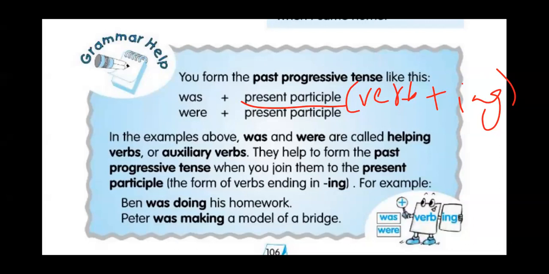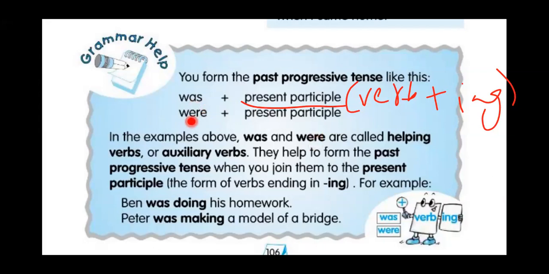When we are talking about progressive tense, we add ing to the verb. For was we also use ing, and for were also we use ing. Have you understood this?